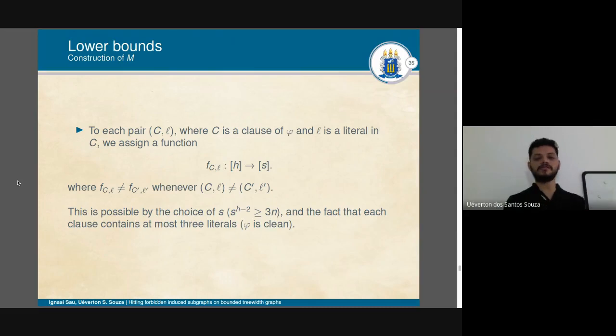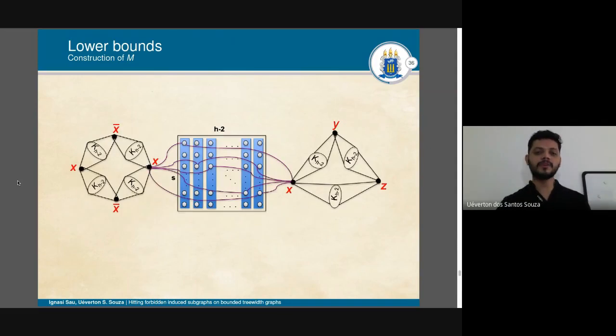And this is possible because the integer s is such that s to the h minus 2 is at least 3n. And we know that for each clause we have at most 3 literals. Then we can map appropriately the pairs that have the same function.